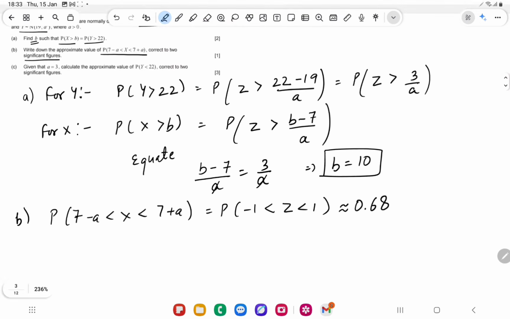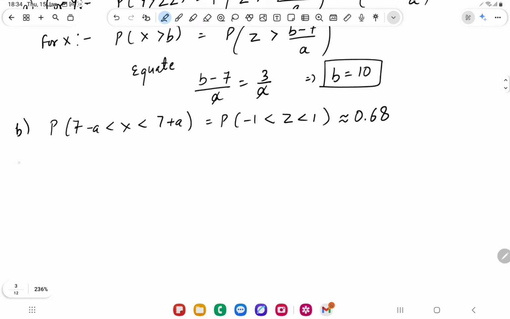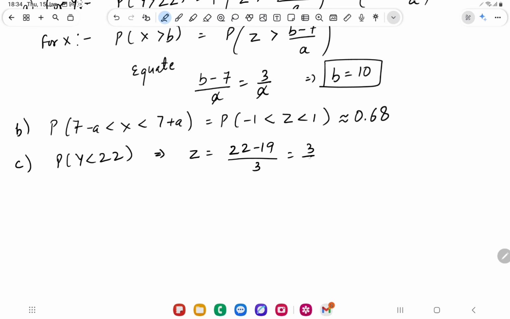Now for part C of the question, it was given to us that a equals 3. We have to calculate the approximate value of the probability of y less than 22, correct to two significant figures. The probability of y less than 22 is 22 minus 19 by 3, which is 3 by 3, which is 1.